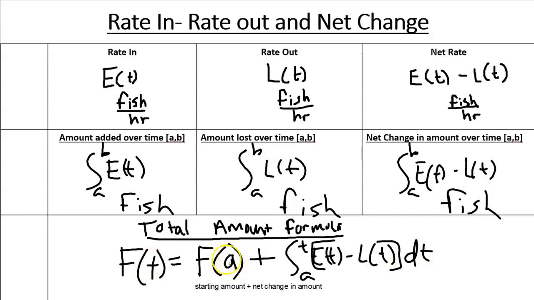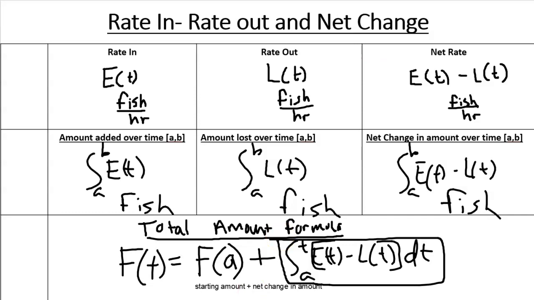So this first one here tells you how many fish you started with, and this tells you how many fish overall the lake had added or left to it on the time period. If you put those two things together, that'll tell you the total amount of fish at the given time you're interested in. And so there you go.